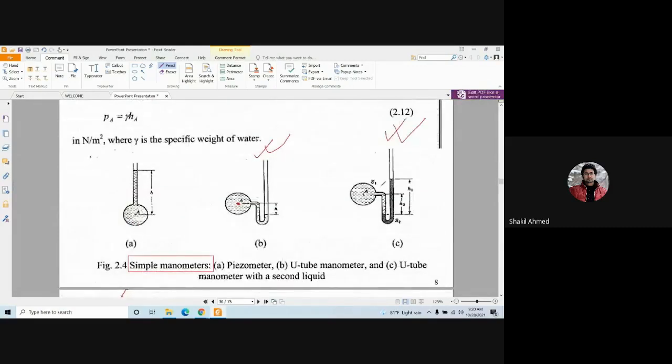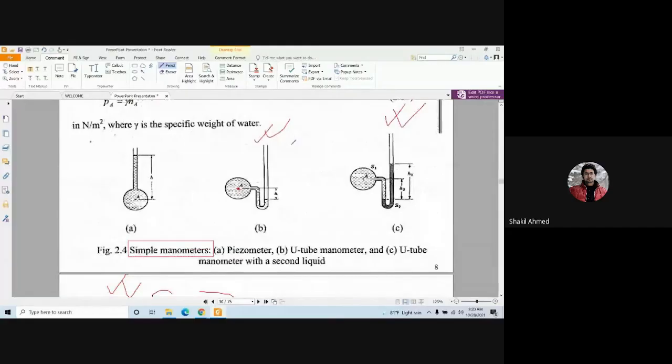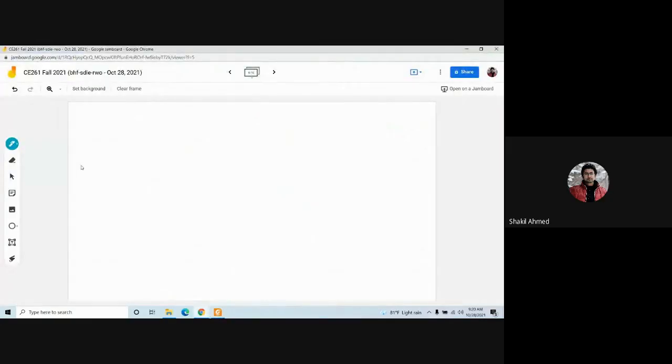Let's consider this figure, because they are using this figure. You want to know the pressure at the center of this pipe, PA. What will that be? Let's determine this. First of all, this is PA. You need to write PA.